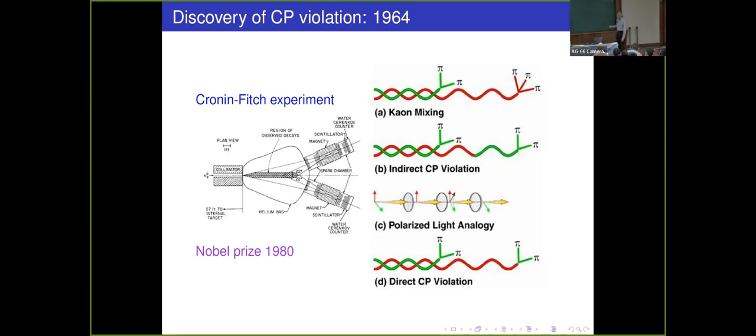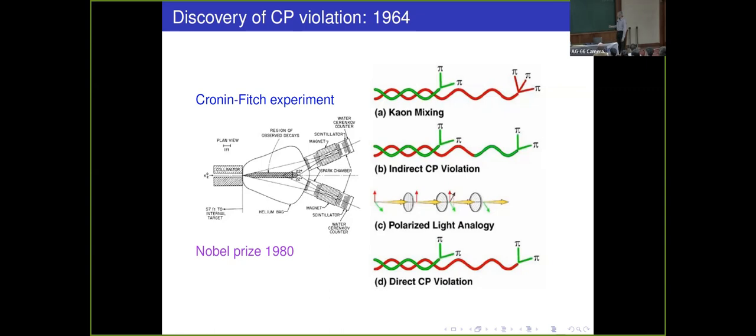The third possibility, which you see is quite different from this possibility, was that the violation was not because K short went to K long, but because CP was violated in the decay itself. So all the way that you see here, this is still a K long, but the K long is now decaying to 2 pions. So this part was called indirect CP violation.